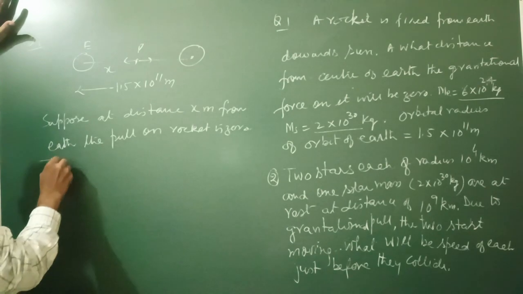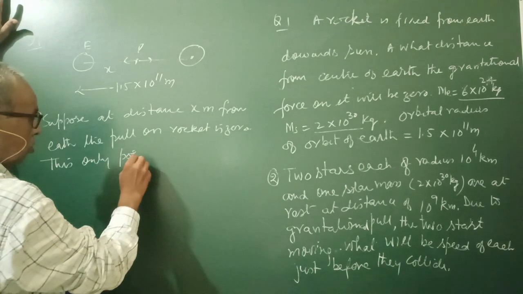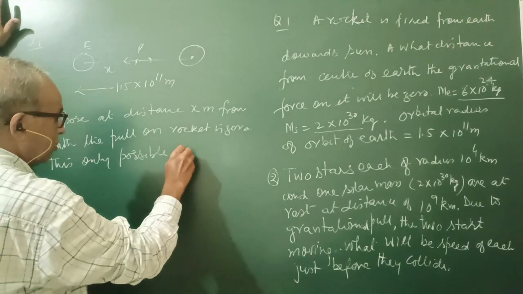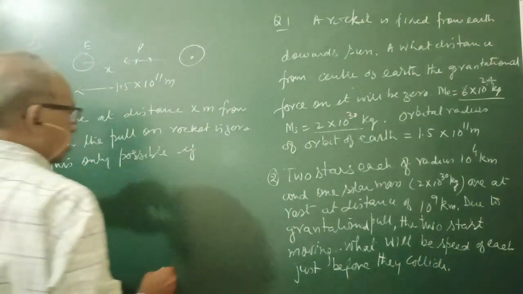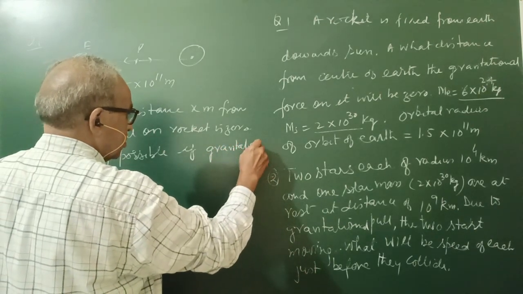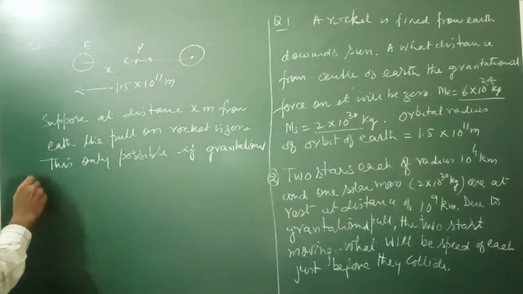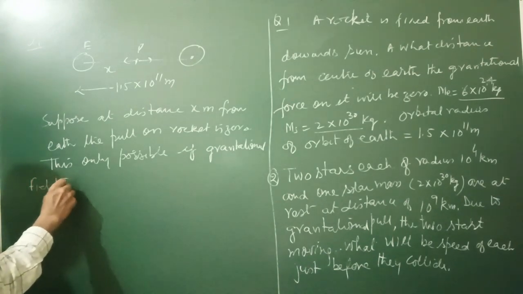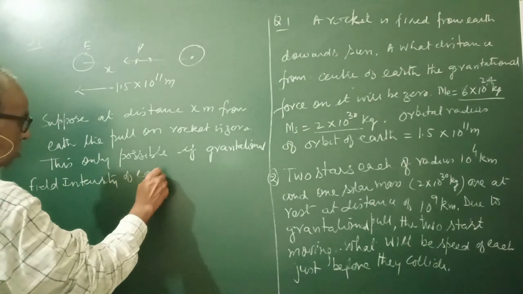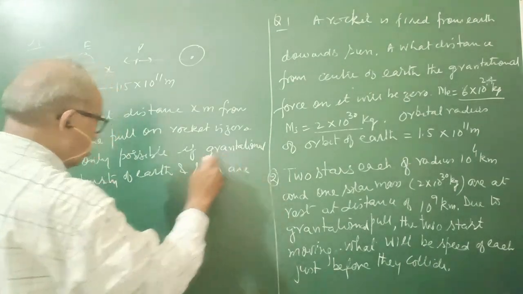This is only possible if the gravitational field intensity of earth and sun are equal and opposite.